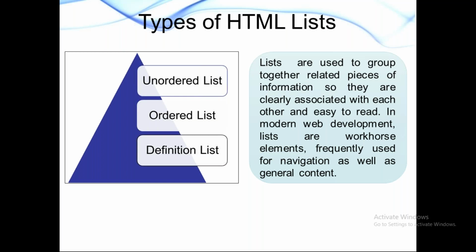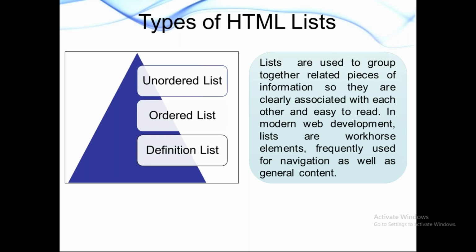In the same way, in an HTML page also, you can display related information in the form of a list. Now, there are basically three types of lists in HTML: unordered list, ordered list, and definition list. If you have worked on Microsoft Word, you would have seen the bulleted list, right?